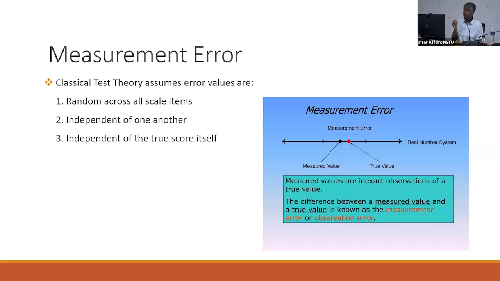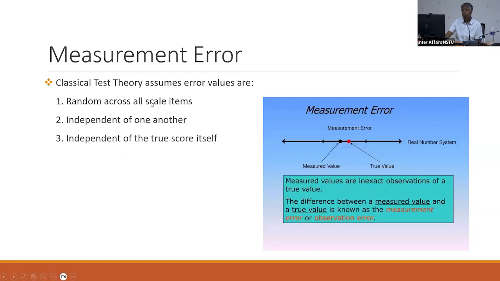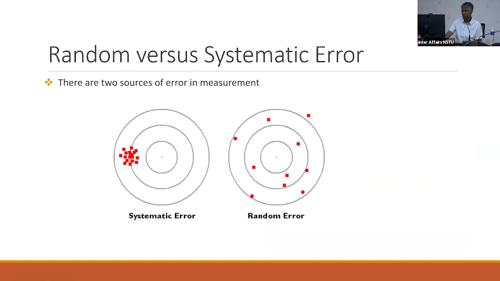They're assumed to be independent of one another and independent of the true score itself. Okay? So a measured score is the true score plus the error, but we have the assumption that valid measurements have errors, but they're not systematic errors.